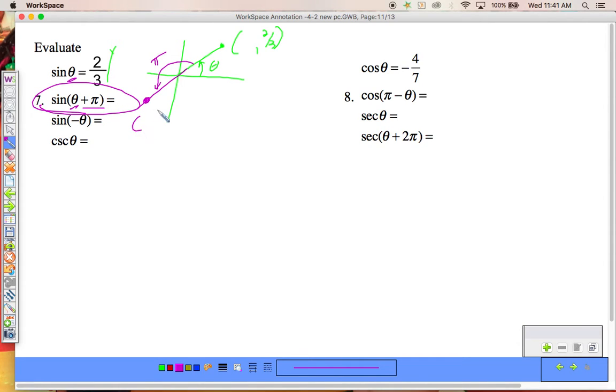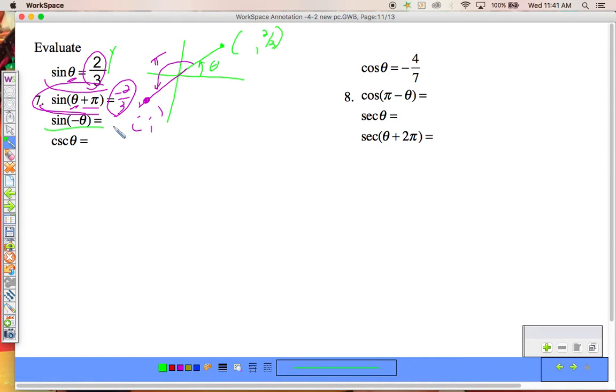If I'm down here, my sine is negative because I'm in this third quadrant, which means my sine is going to have the same value, but instead of it being 2/3, it's going to be negative 2/3. Because I took that angle from the first and I rotated it to the third. So that means my y value changes, which means my sine of what theta used to be is going to be the opposite.